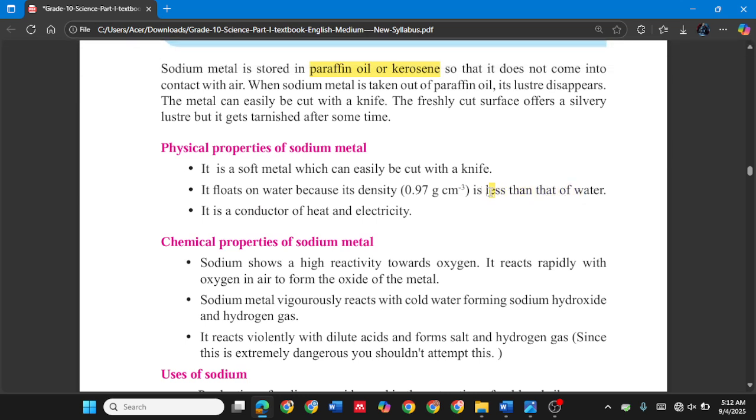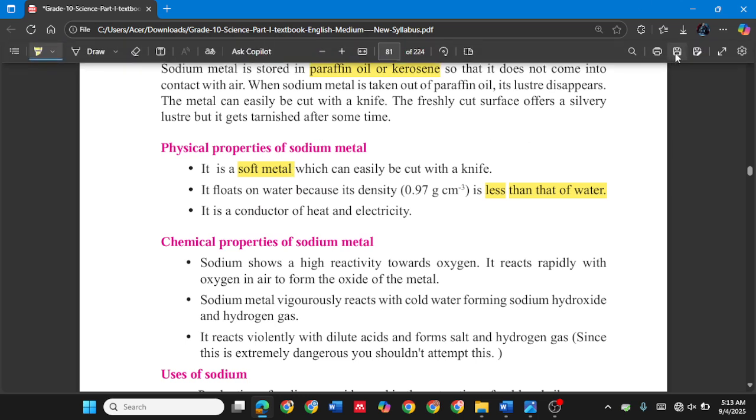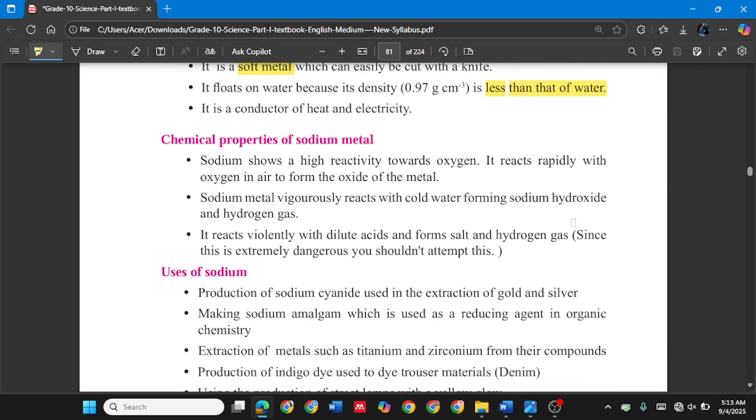So this is a special scenario. It's a conductor of heat and electricity, as we already know. And this is a soft metal, which can easily be cut with a knife.